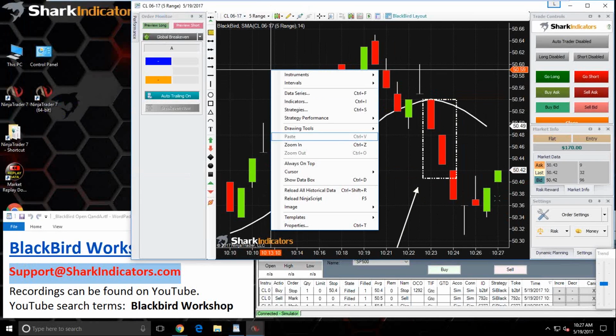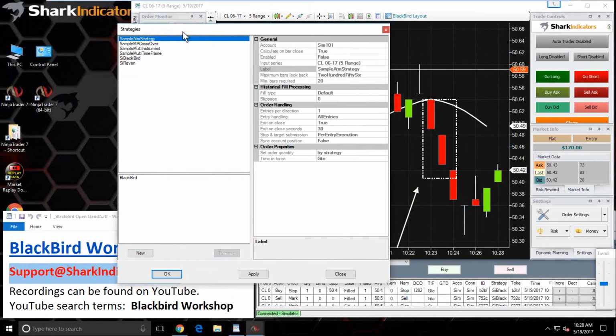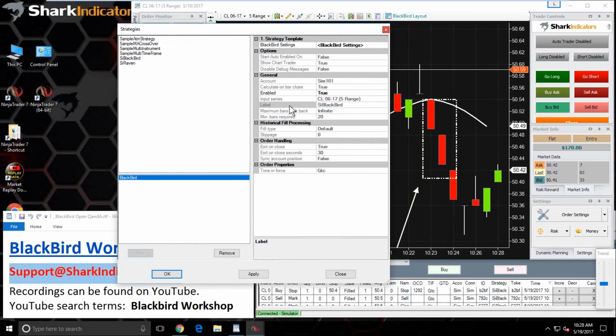To determine which is bar 1, or a lookback of 1, your starting point is determined by this Calculate on bar close NinjaTrader setting.